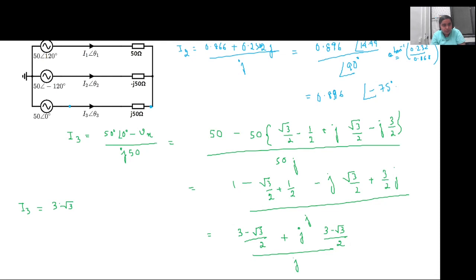We are going to take it out. So it becomes as simple as 1 plus j by j. So can we write it in terms of polar coordinates? So what will be the denominator?